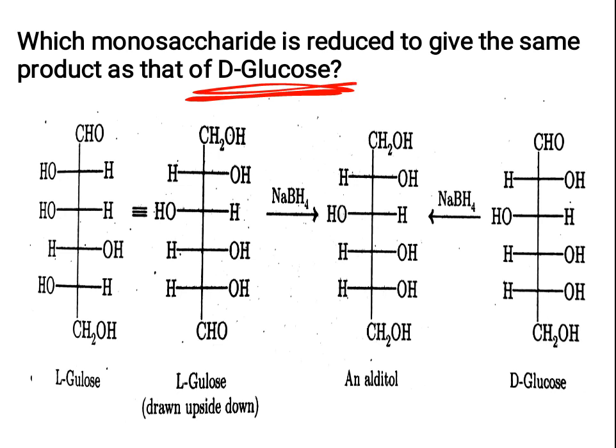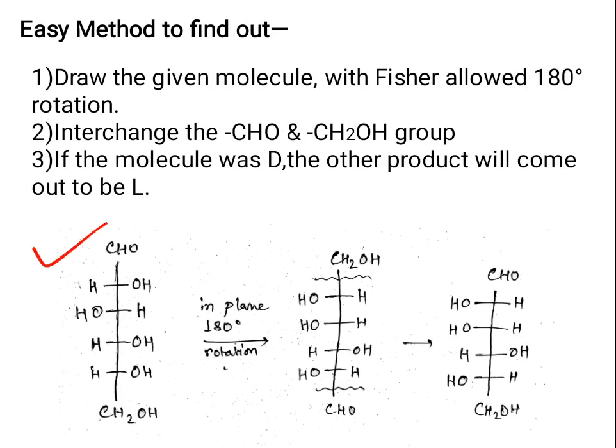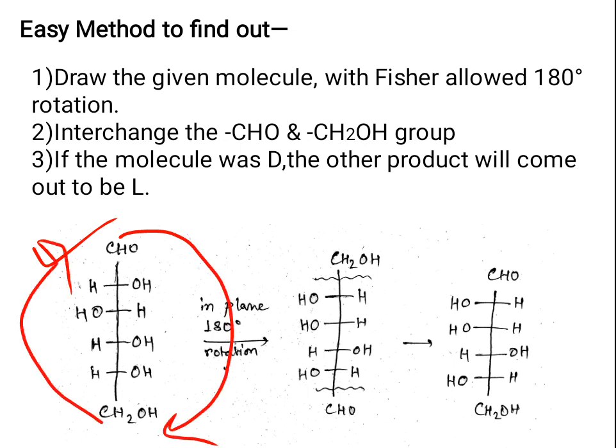You know the structure of D-glucose, so first draw the D-glucose. Then just rotate it in plane by 180 degrees, so that the top comes to the bottom and the bottom goes to the top.